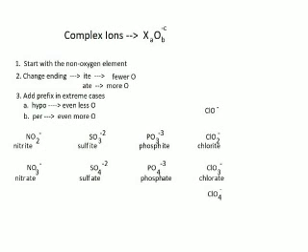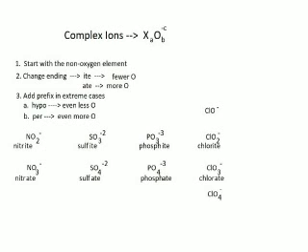Well, we've already changed the ending, so to distinguish between the two, we're going to have to do something else. We're going to have to use a prefix. And we use two prefixes. Hypo means even less oxygen, per means even more oxygen. So the first two are both chlorite, but one has fewer oxygens, so it gets the prefix and becomes hypochlorite.